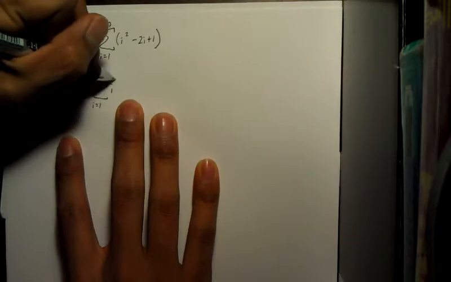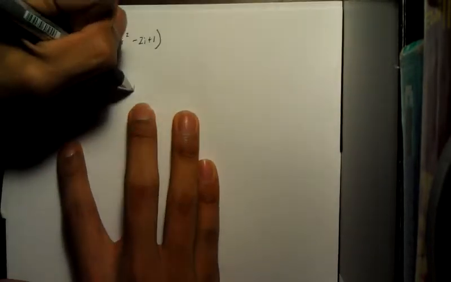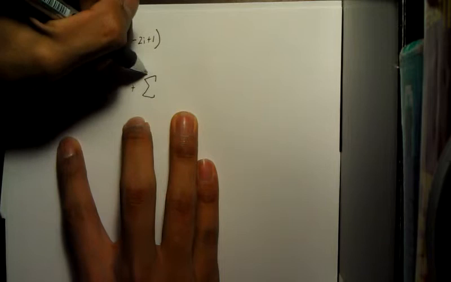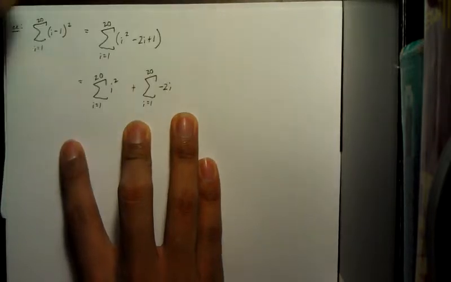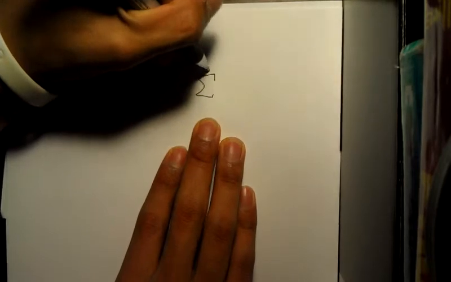So this is the sum of i squared plus the sum of negative 2i plus the sum of 1.